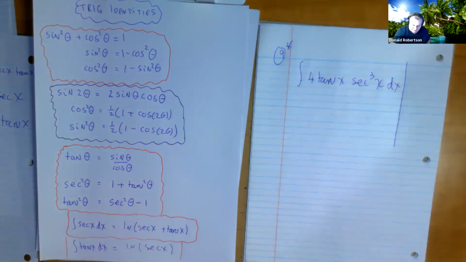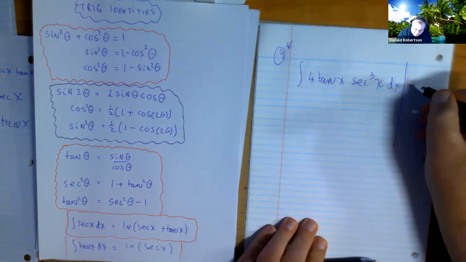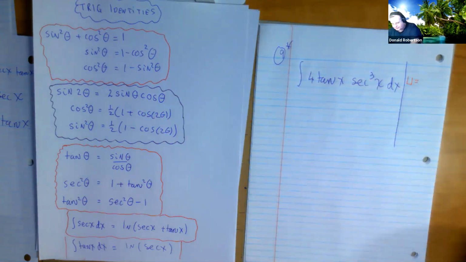When you get a combination that looks like this, it's also a u sub. And the rules for u sub are the same as for sines and cosines. You only pick a single guy. So the u sub is tan x, or that u sub is secant x. In some situations, both work, but not this one.